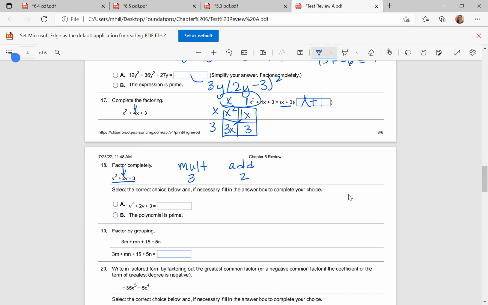That's probably impossible, because the only thing that's going to multiply, we could do 3 times 1 and get 3. They could both be negative, so negative 3 times negative 1 would give us 3, but neither one of those are going to add to give you 2. So this example is prime. It's just not going to work.